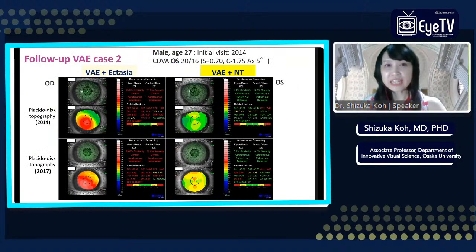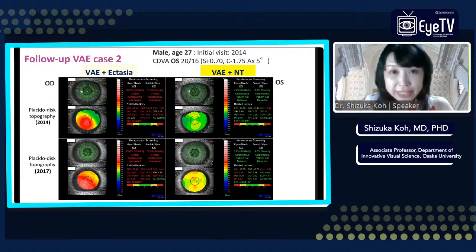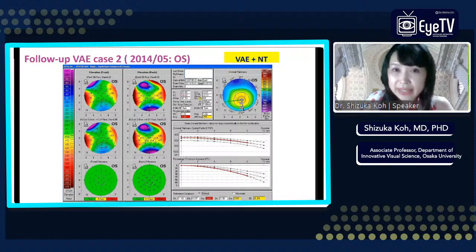So this is another follow-up case of very asymmetric ectasia. His first visit was in 2014. No significant topographic change was detected in the fellow eye. This is 2014, 2017. So this is the Pentacam measurement at the first visit in 2014.